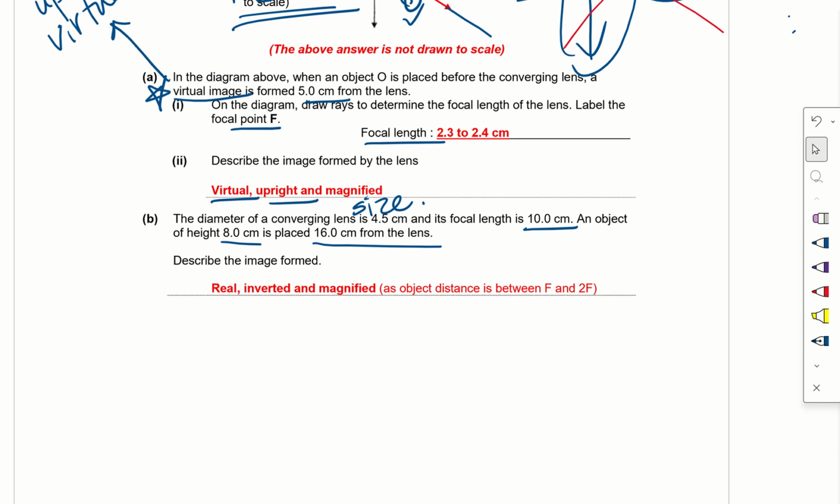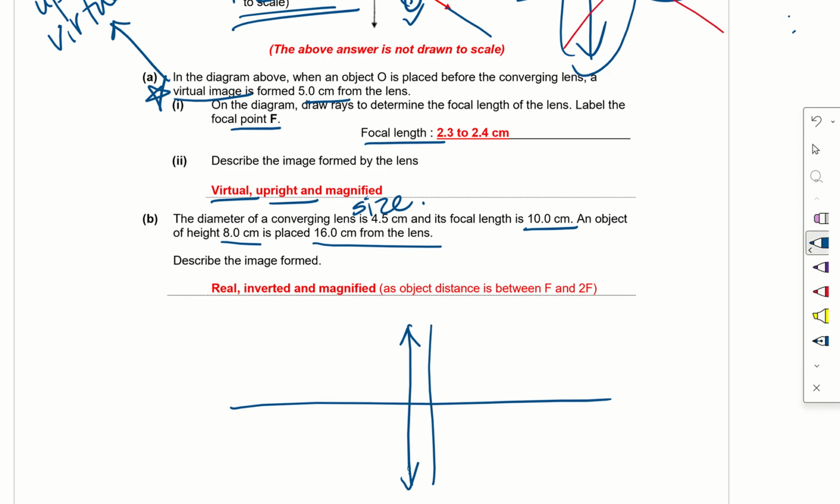It seems like there's a lot of information, so maybe I can just do a quick sketch. This is the diameter, that means the whole lens is 4.5 cm. And the focal length is 10 cm, so this is my focal point. This part is 10 cm.